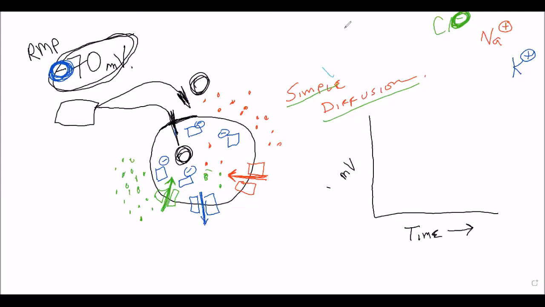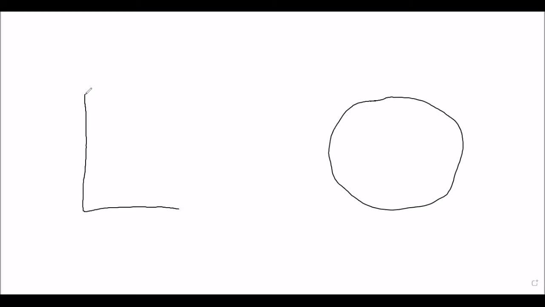Okay, all right. So let me clear this because it's getting a little bit busy. So we're going to have the cell, and I'm going to have my graph over here. Again, this is going to be time.